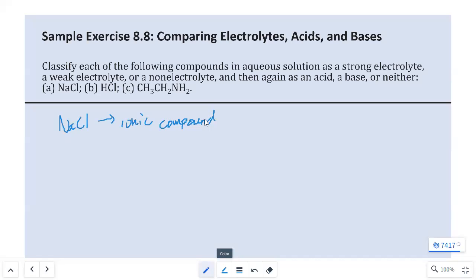And there's no hydrogen, there's no hydroxide, so it can't be an acid, it can't be a base. As an ionic compound, we know it is going to be a strong electrolyte if it dissolves in water. And since sodium is on that list of always solubles, it's going to dissolve in water.